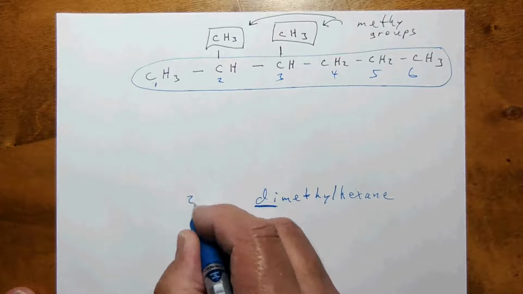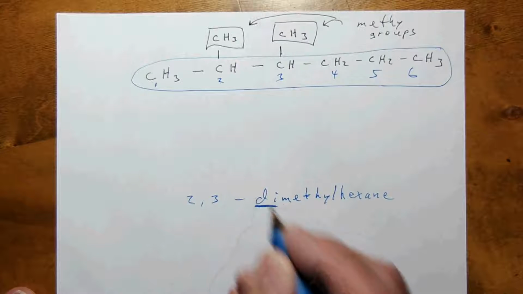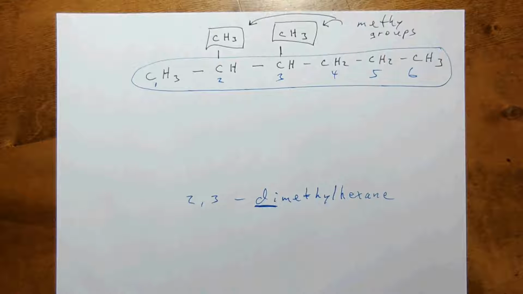So this is 2,3-dimethylhexane is what you would call that compound. And again, that's about as deep as we'll go for anything on the final. If you can recognize a methyl group and identify the longest chain, you should be fine. So that was a little review on the nomenclature with organic chemistry.